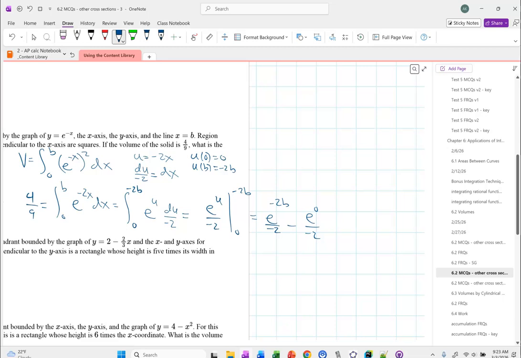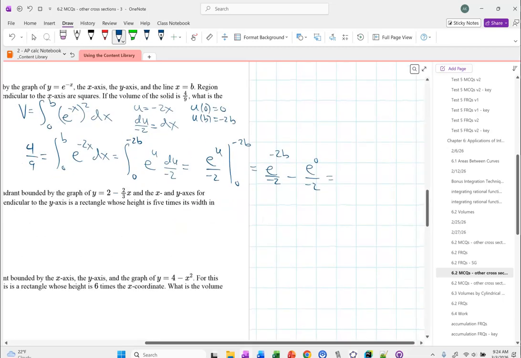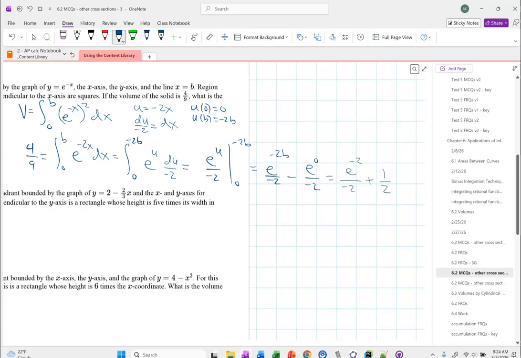Do I have a negative sign wrong someplace? Oh, I subtract that. There you go. Okay, so this is e to the negative 2 over negative 2 plus 1/2.